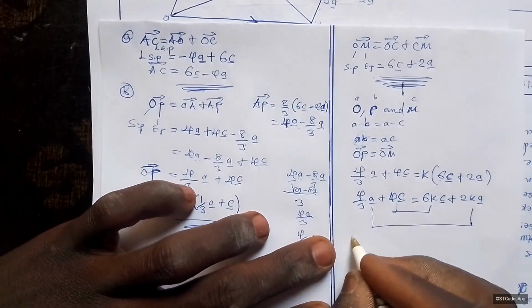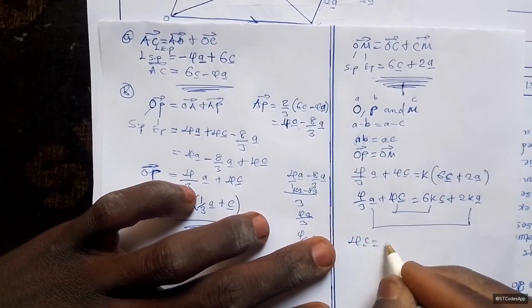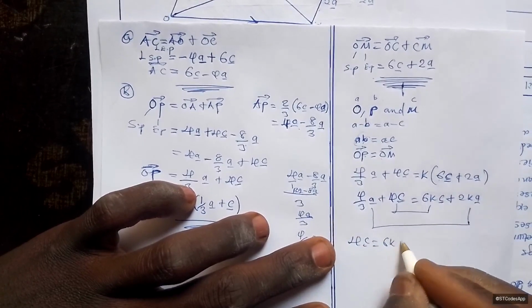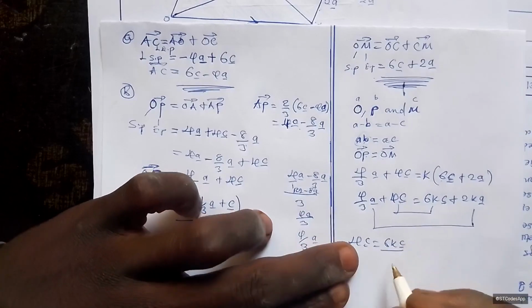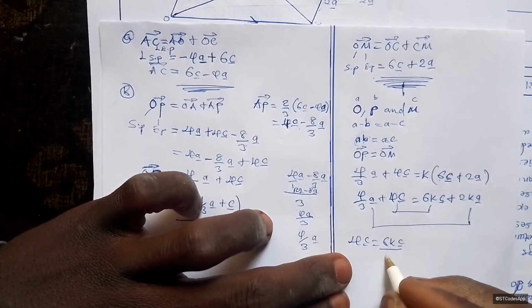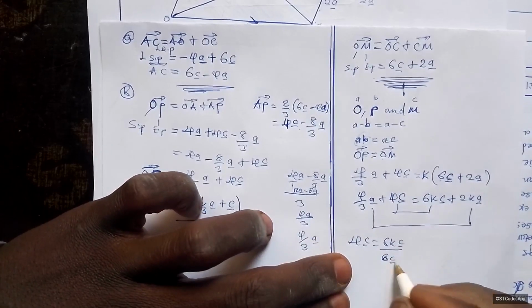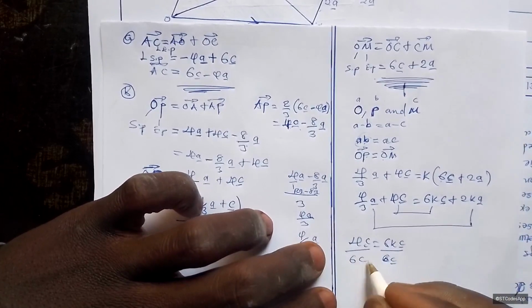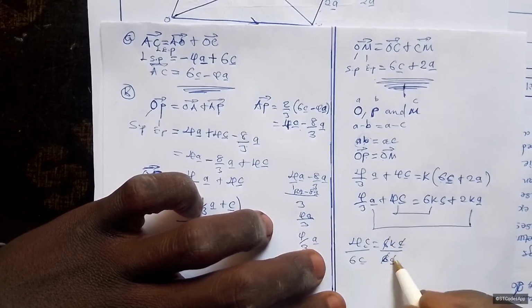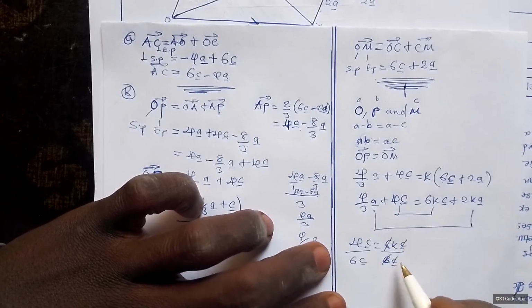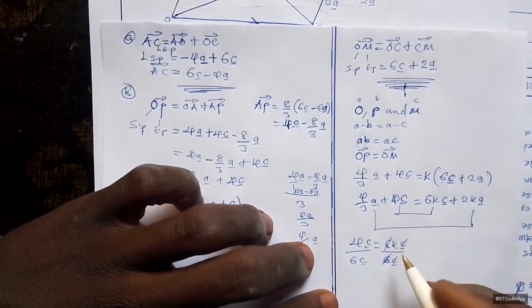So I'm going to say 4C vector is equal to 6K C vector. Now I'm looking for the value of K. So here I'm going to divide by 6C vector, even here by 6C vector. So 6C vector is going to cancel with 6C vector. So here I'm going to remain with K.